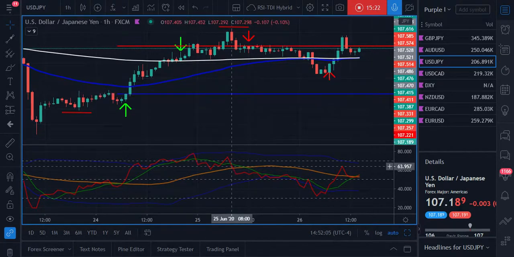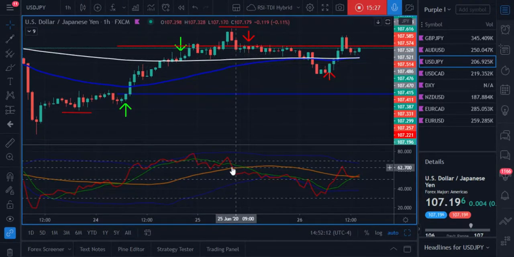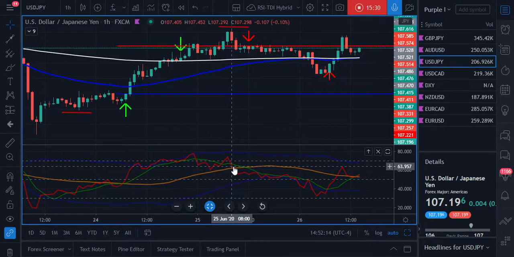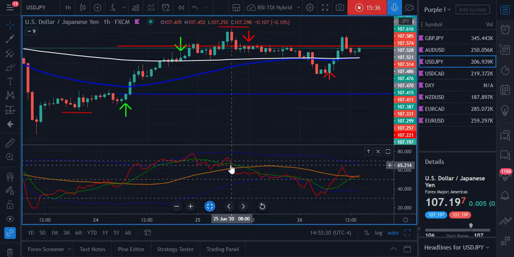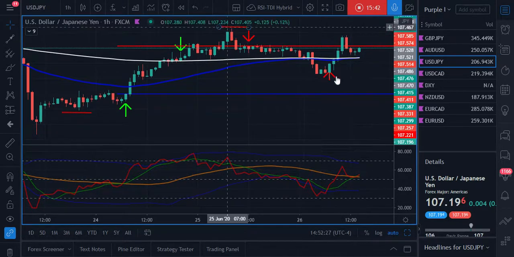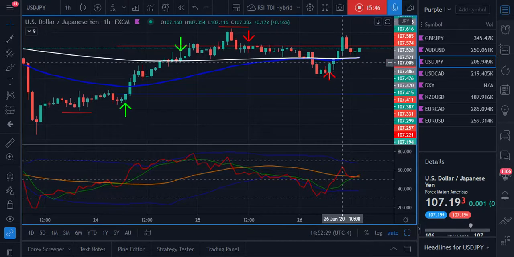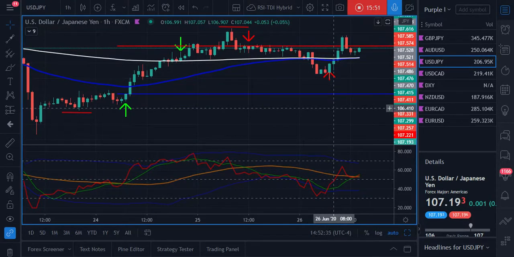This is where the dip was made because of the cross of the green line. Yep, that's right. This is made because of the cross of the green line here, and it crossed the green line here. So this is your stop loss, and this is where you take profit, in this area down here. I hope that helps.